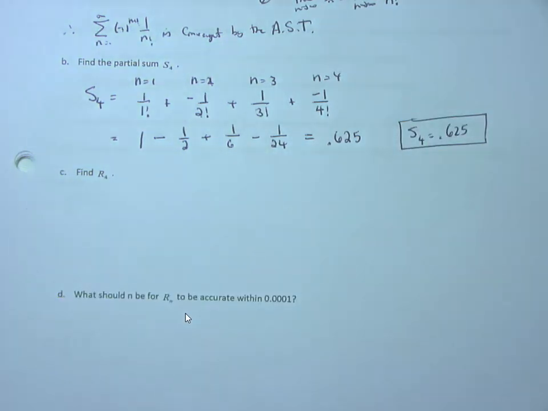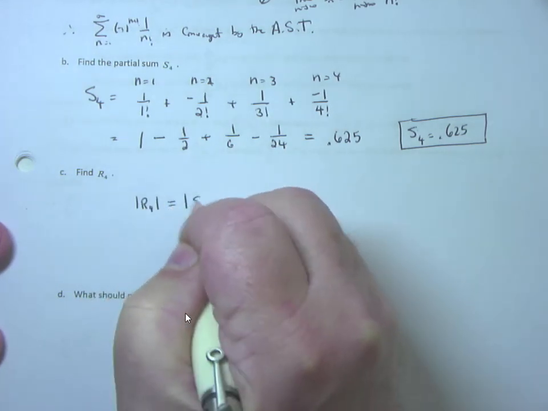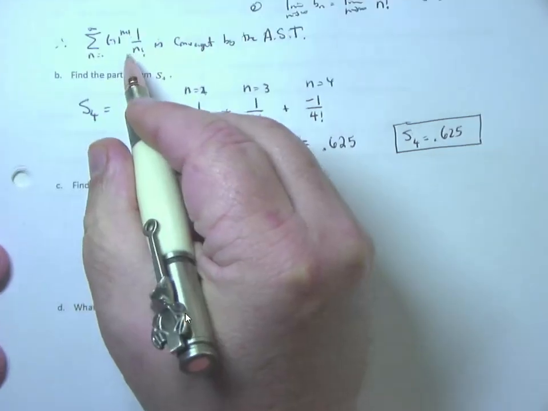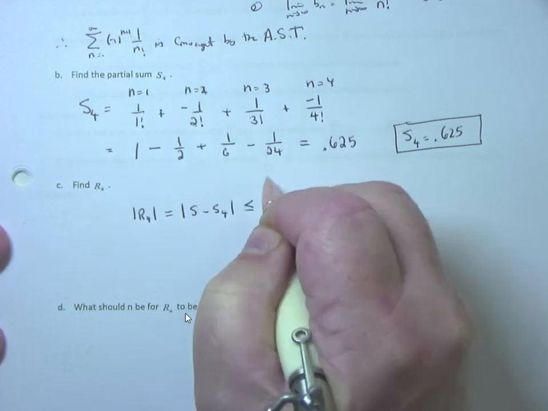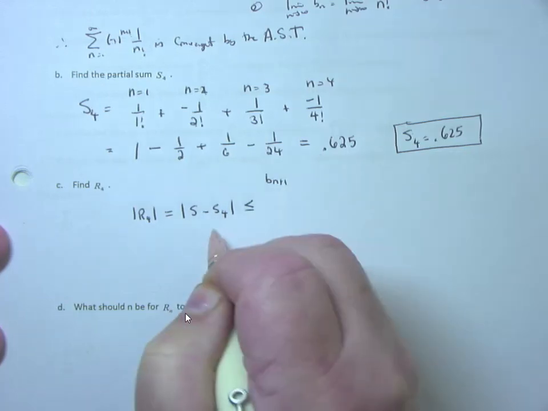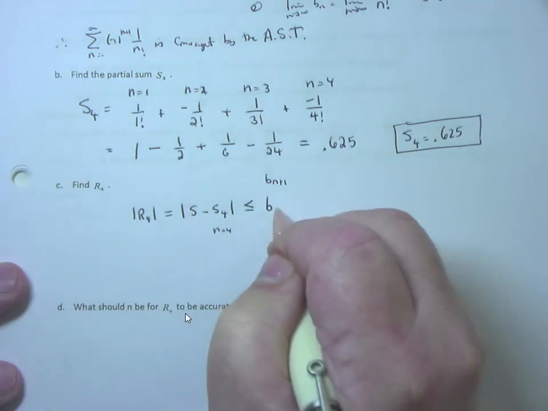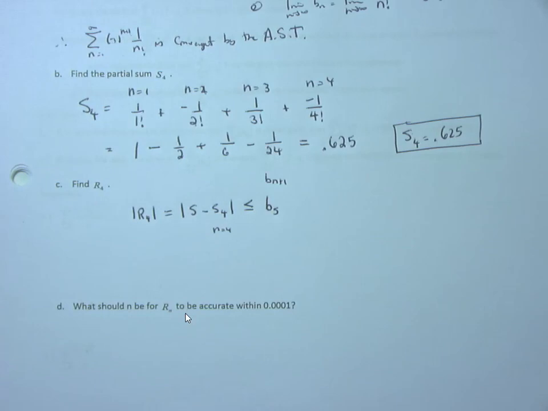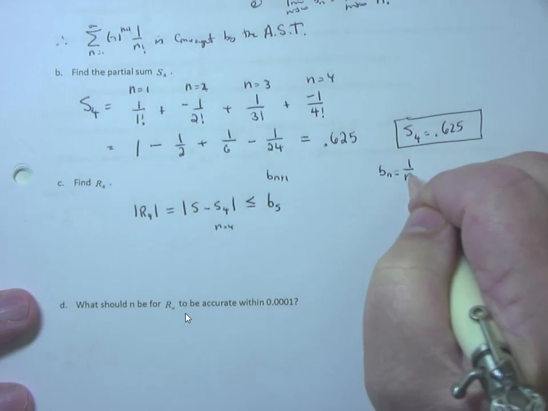Now, you're supposed to find R4, a bound for R4. Remember, it's an error. So the absolute value of R4, which is the true sum, which I actually don't know what this thing adds up to be, minus the partial sum S4, will be less than or equal to B(n+1), but here n equals 4. So 4 plus 1 is 5, B5. Remember, your Bn is the sequence part of your series without the alternation, which is 1 over n factorial.